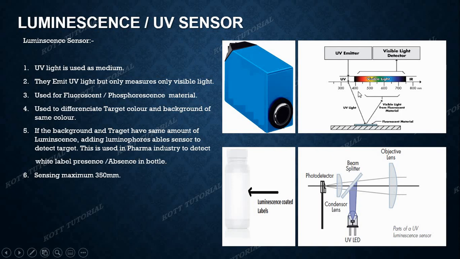When it is emitting, the light which is deflected from the fluorescent material is scattered, because it is visible light, VIBGYOR light. So this scattered light must be concentrated at a particular angle. For that reason we use a lens over here. So this was the basic working of a luminescence sensor.